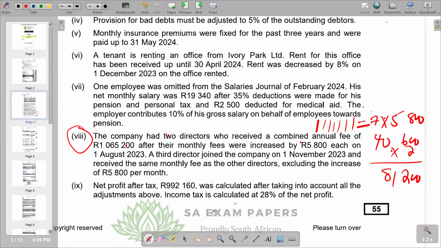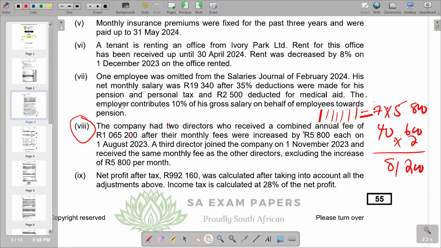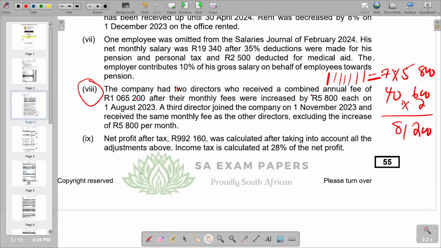So we subtract 81,200 from 1,065,200, and the answer that we are supposed to get is going to be 984,000.